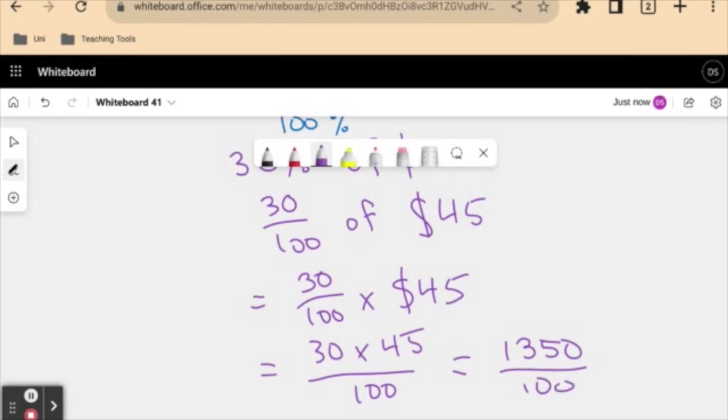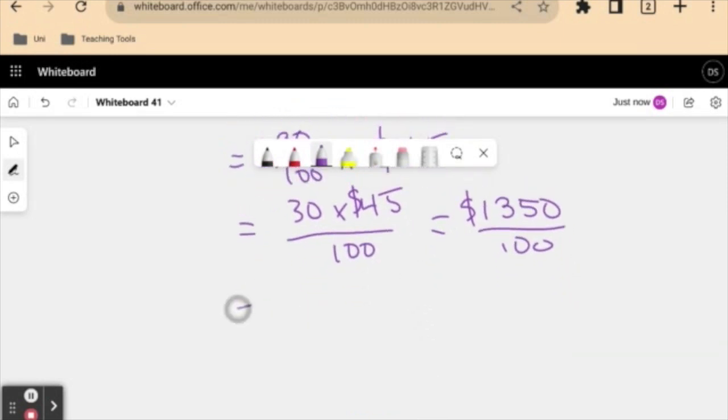And now this, we can just convert to pretty much the whole number because we want to find what this is in dollars. I should have added the dollar signs here. But this is like saying there's a fraction of 1,350 divided by 100.